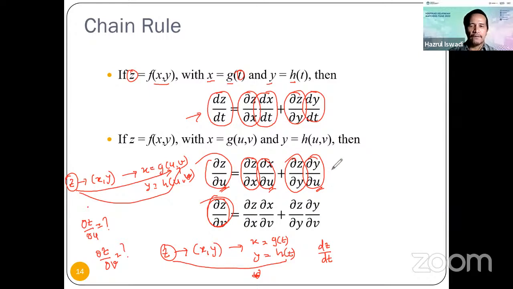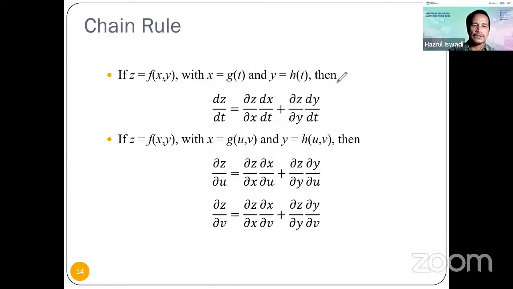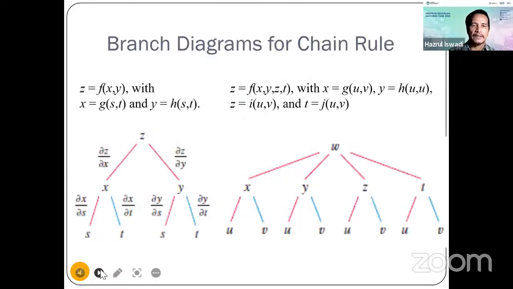If you feel it is hard to memorize, or hard to know these formulas well, we can use a diagram, a branch diagram for the chain rule.